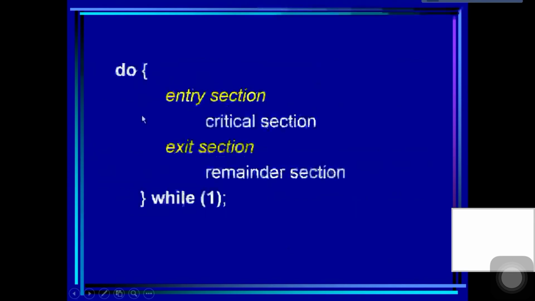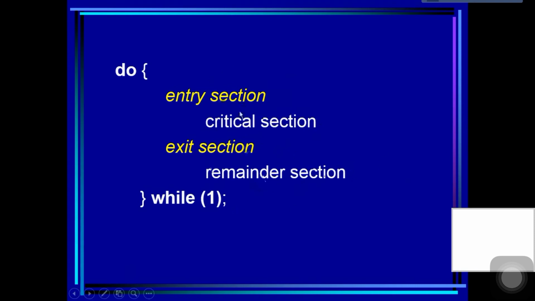So this is the general structure of a typical process. We have the entry section, then the critical section, then the exit section, and then the remainder section. Considering the critical section problem, we don't care about the remainder section.